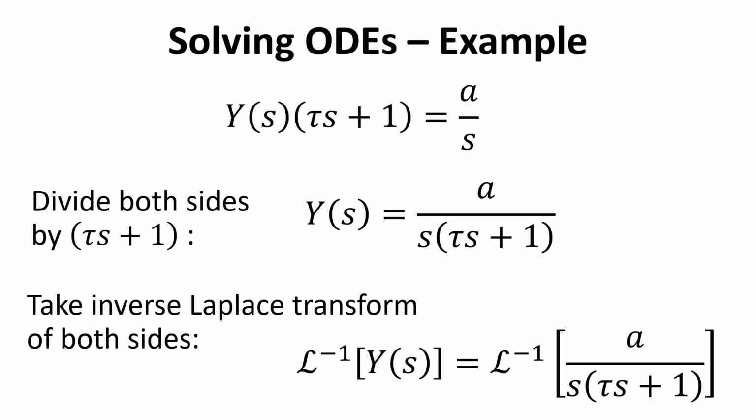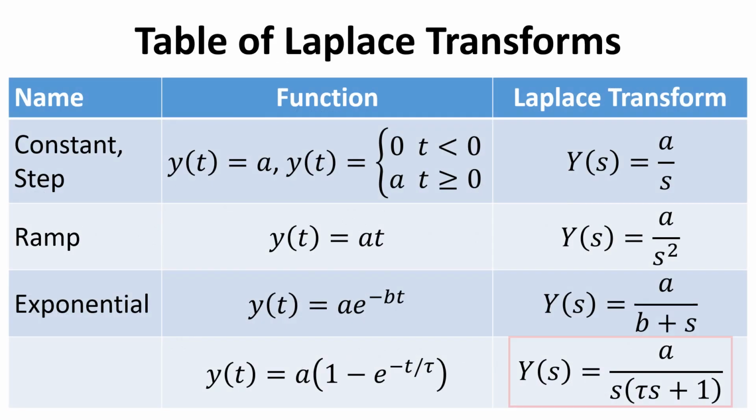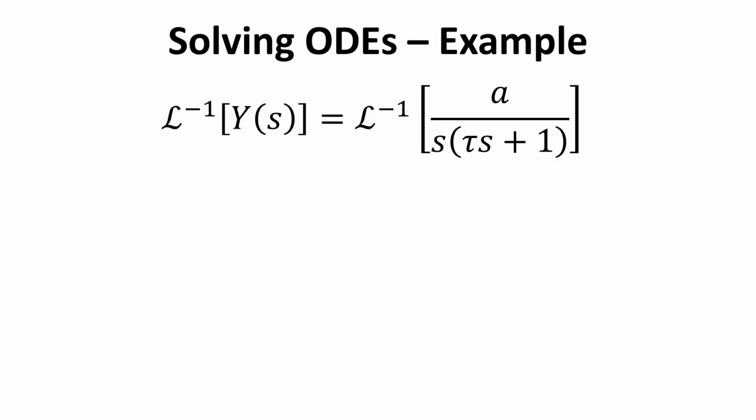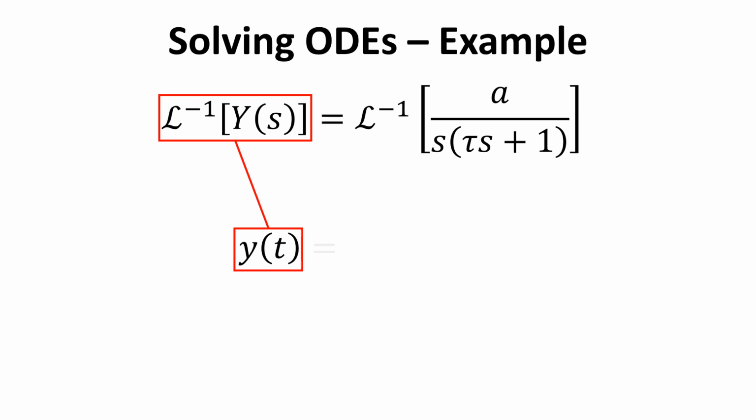So let's go back to our table for a moment, and yes, there was an example there. So what we can do is the inverse Laplace transform is just saying we go back to the function that we had before. So we can use this information to get the inverse Laplace transform. So for our capital Y of s, that just goes back to y of t.